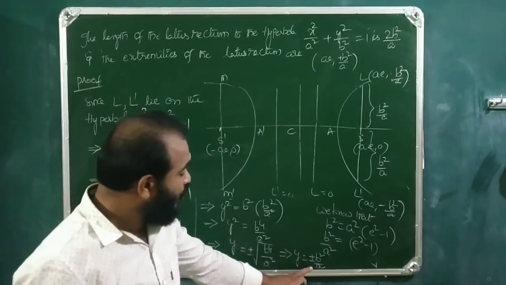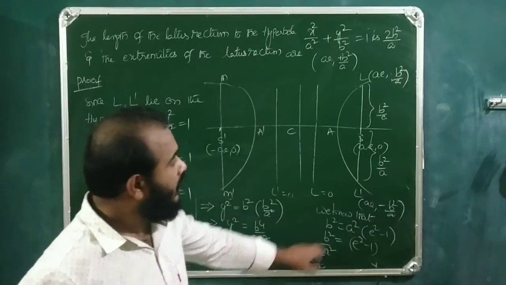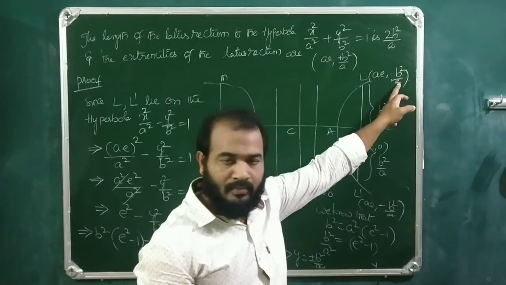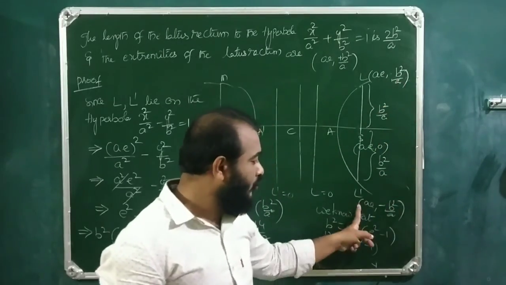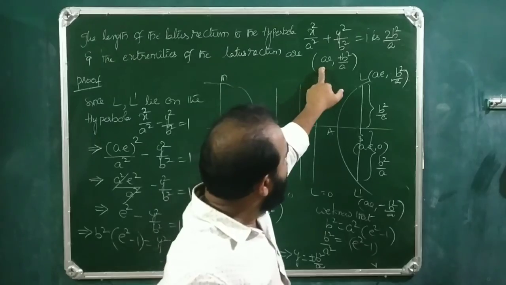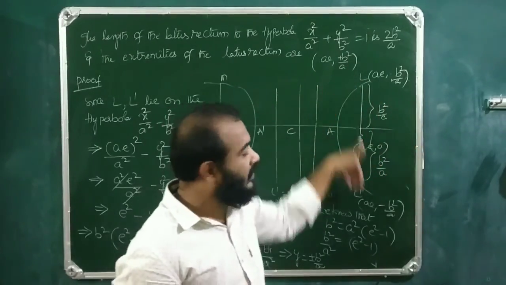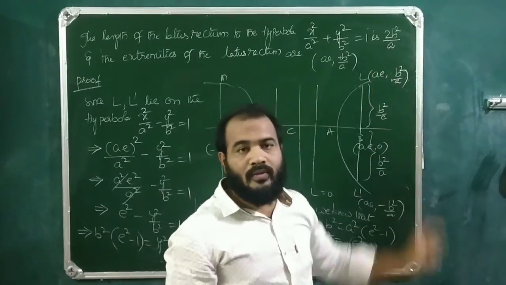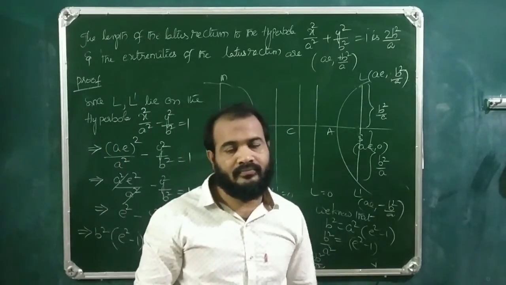Y has got two values, b square by a and minus b square by a. So in the first quadrant, this is plus b square by a, because this is positive positive, this is positive negative. So therefore AE comma plus or minus b square by a are the ends of the latus rectum, and b square by a plus b square by a is 2b square by a. Length of the latus rectum is 2b square by a.